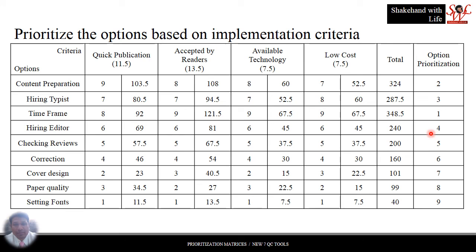Then 4 is for hiring the editor to edit the text. Then checking reviews is 5, and for correction it is 6. Cover design is 7, paper quality 8, and setting fonts 9. This way, the options are prioritized using the prioritization matrix.